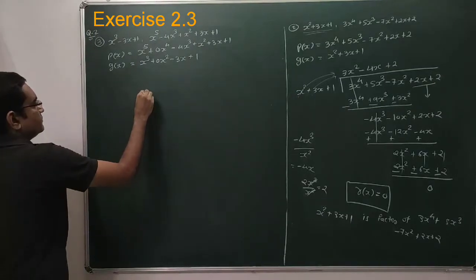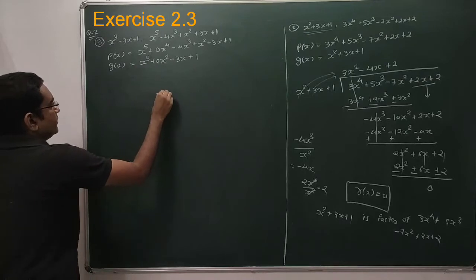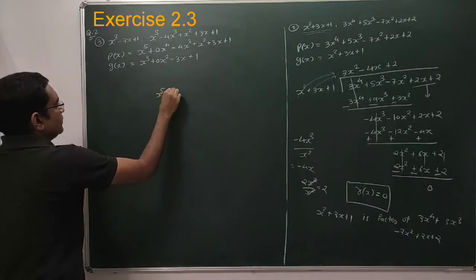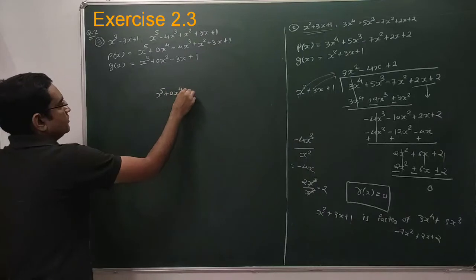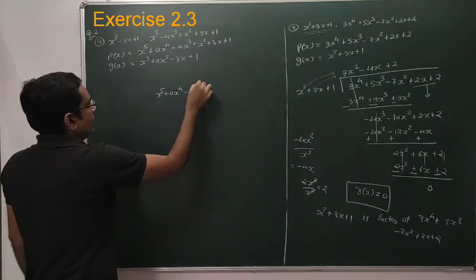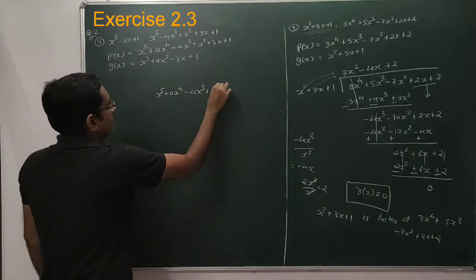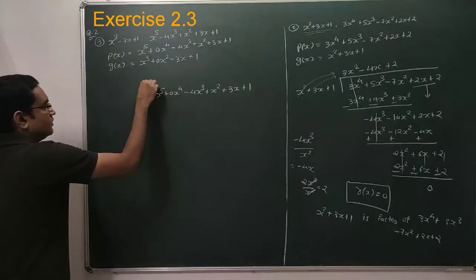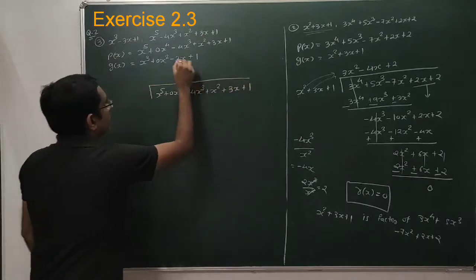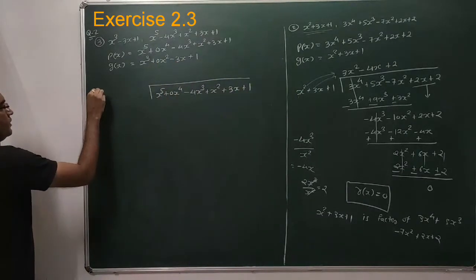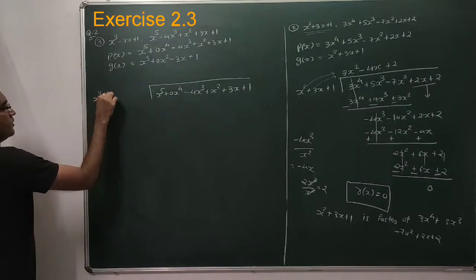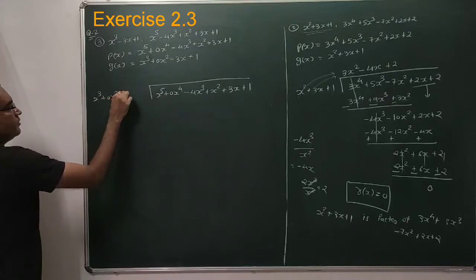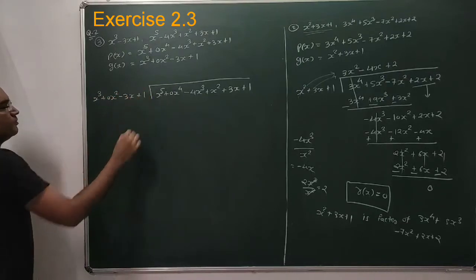Now, for division, it's x raised to 5 plus 0x raised to 4 minus 4x cube plus x square plus 3x plus 1. Divide this polynomial with given polynomial x cube plus 0x square minus 3x plus 1.